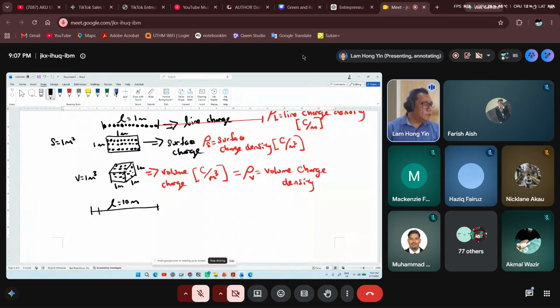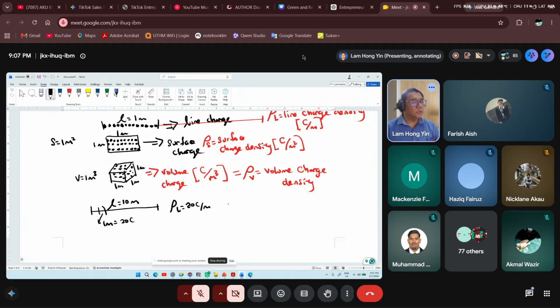And I know that in 1 meter, there is, let's say, 20 coulombs in a cable length. Then automatically I know my rho L will be equal to 20 coulombs per meter. This is my rho L.